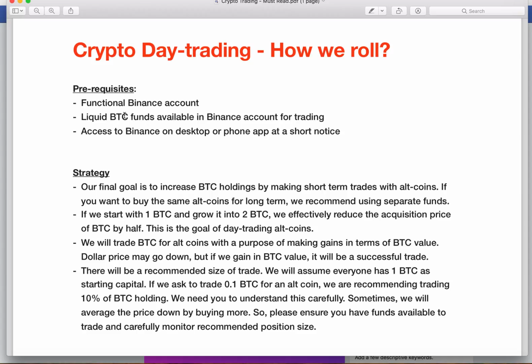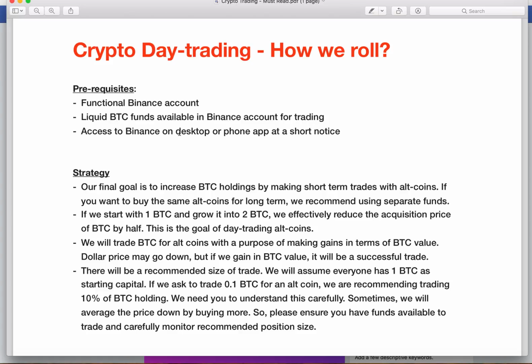And one thing I would like to highlight is when you're trading, you have to make sure this is not from your core holdings. If you're trading BTC, this is something you're trying to do short-term trades with to gain more. We will talk about it later, but I just wanted to highlight that when I say liquid BTC, it means something you are willing to trade on a day-to-day basis.